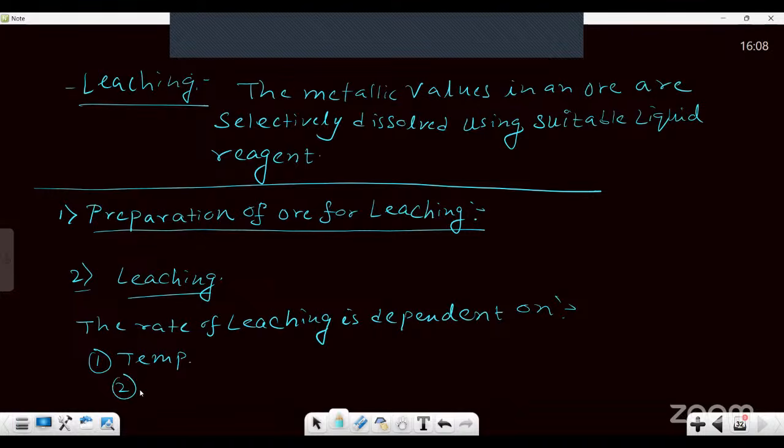Number two, pressure. Number three, volume of leaching liquid.